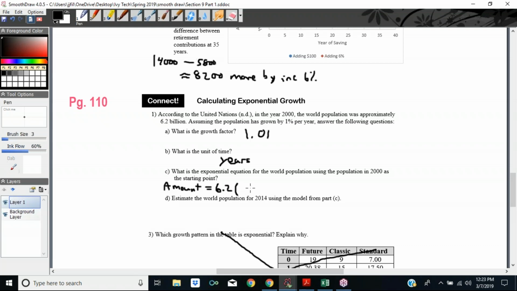We put a parentheses to signify multiplication, then the growth factor, 1.01, and then the power is the t power, the time power. Just note that t is years since our starting year, 2000.